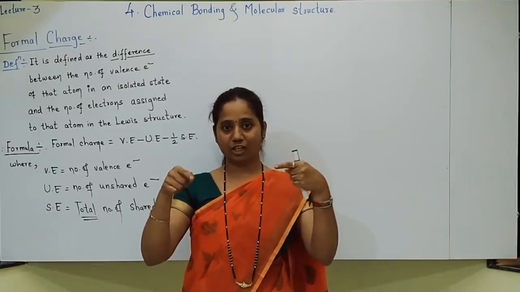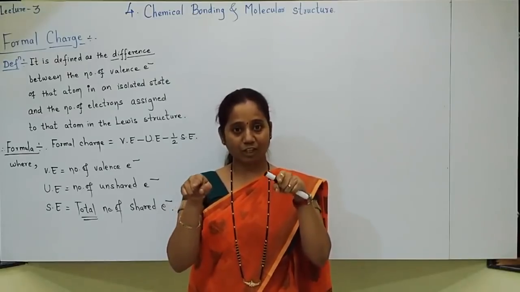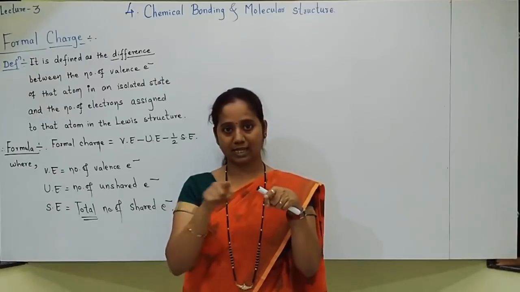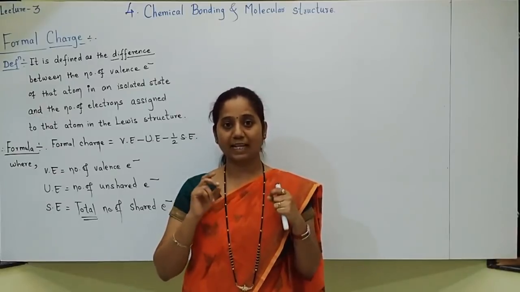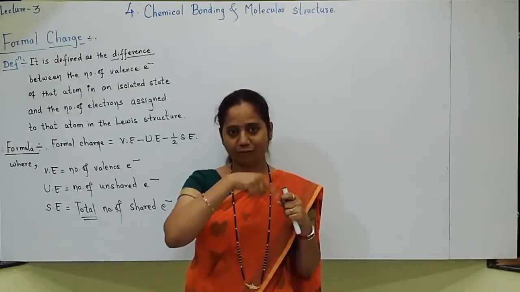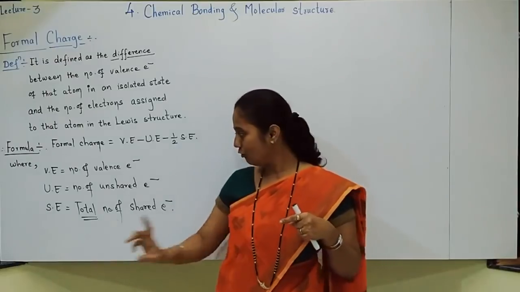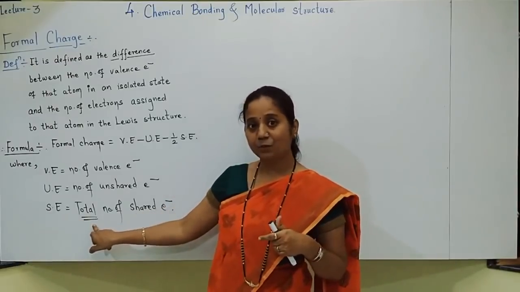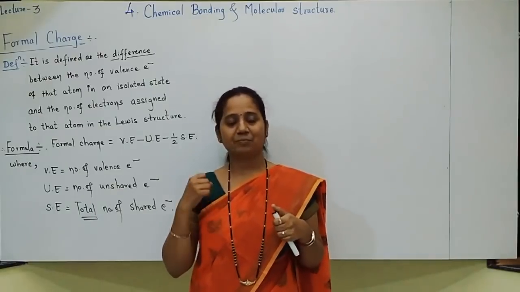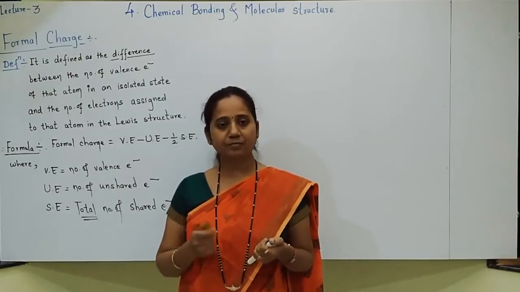If an electron is shared between two atoms, then you should count it on both sides. So let us call SE the total number of shared electrons. Don't count only for that atom, count the total for shared electrons. For SE, I have underlined total number of shared electrons. Rather than shared electrons, let us remember it as total number of shared electrons.